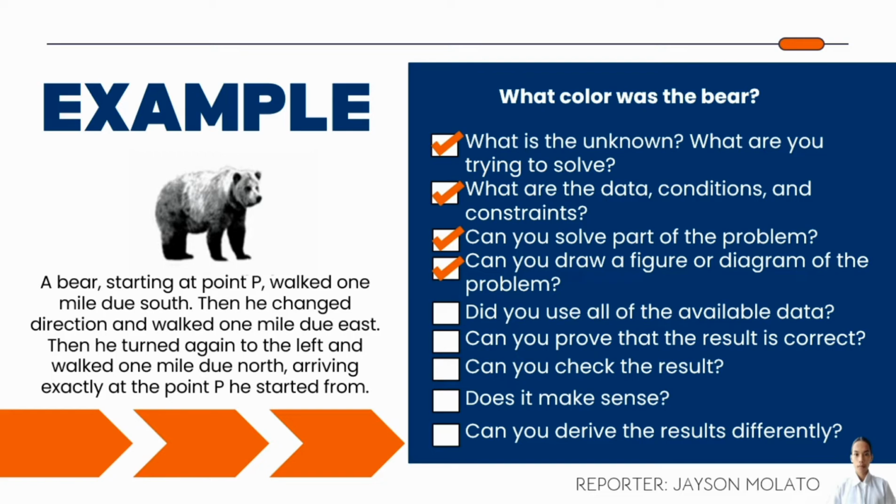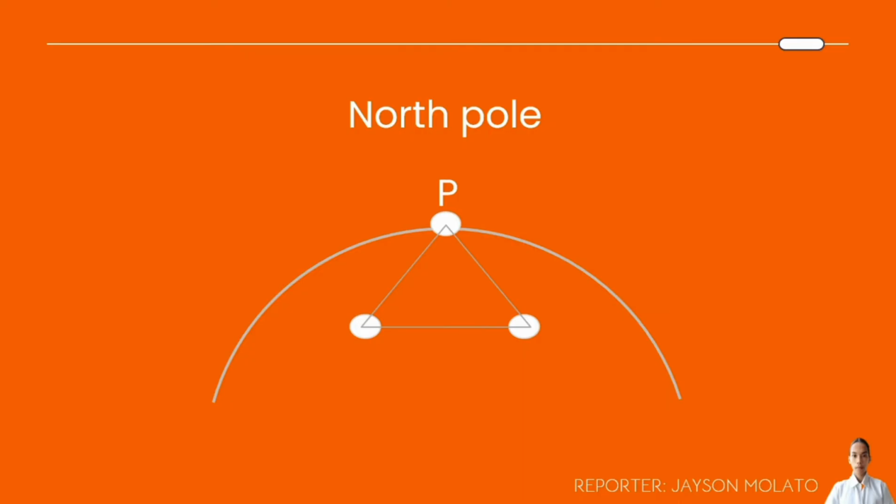I am going to show you a figure or diagram. So this is the diagram. The point P is located at the North Pole.